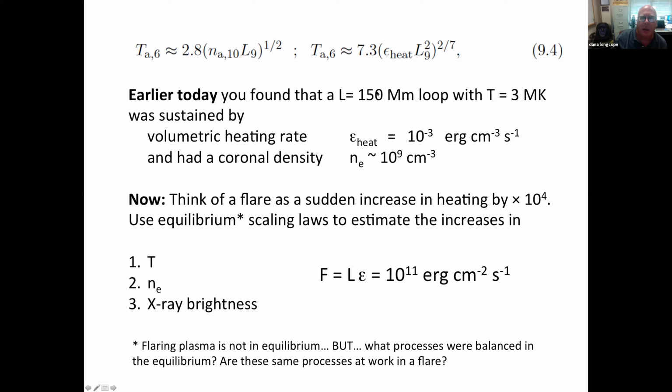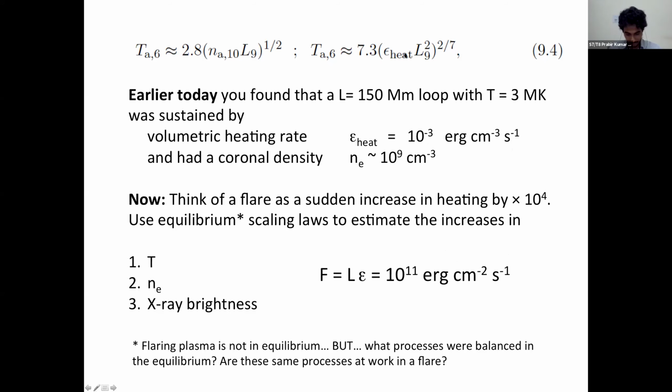So I go from this amount of heating to something that's 10,000 times larger, 10 ergs per cubic centimeter per second. Anyone, how much is temperature going to go up? Look, epsilon here. Anyone? It's epsilon.